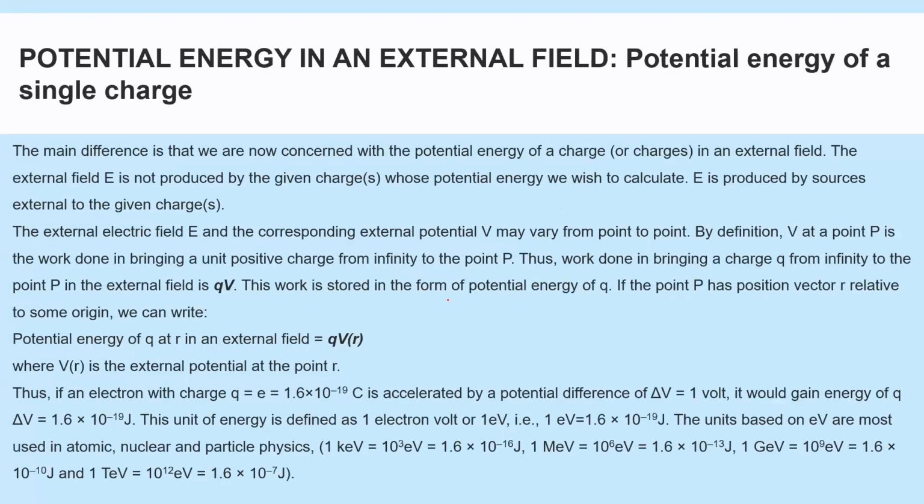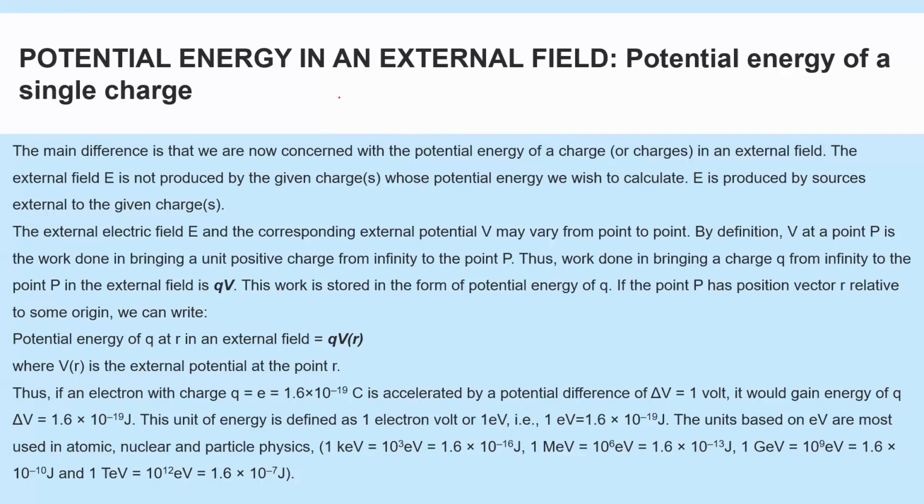So now if we want to know the potential energy in an external field. Till now, we have been speaking about cases where we know what is causing the electric field that we are considering while calculating the potential.